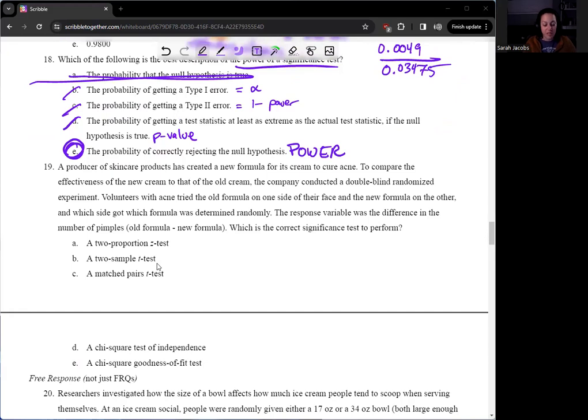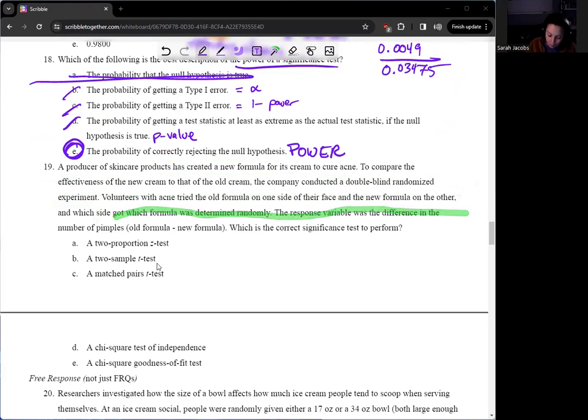All right, last multiple choice. A producer of skincare products has created a new formula for its cream to cure acne. To compare the effectiveness of the new cream to that of the old cream, the company conducted a double-blind randomized experiment. Volunteers with acne tried the old formula on one side of their face and the new formula on the other side.